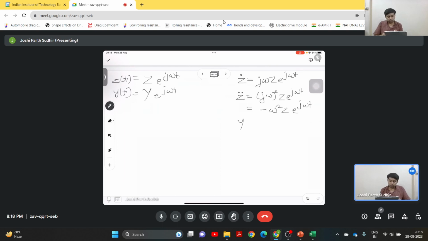And similarly y double dot will be minus omega square Y e to the power j omega t.